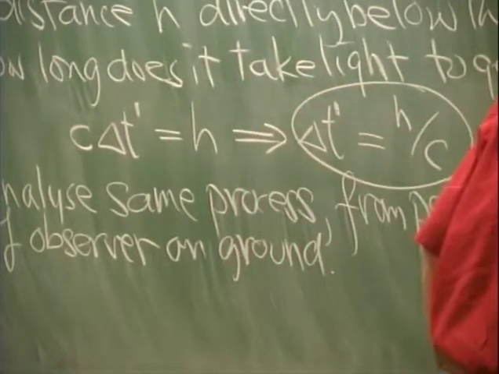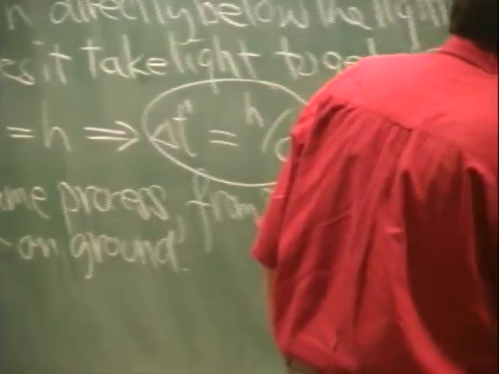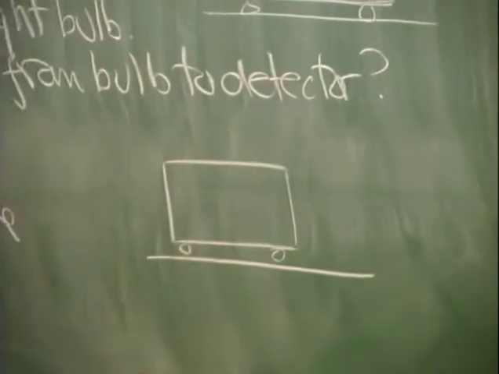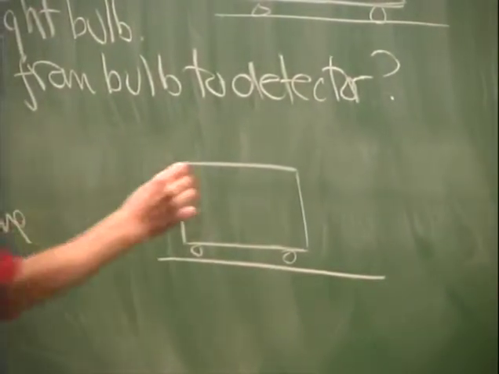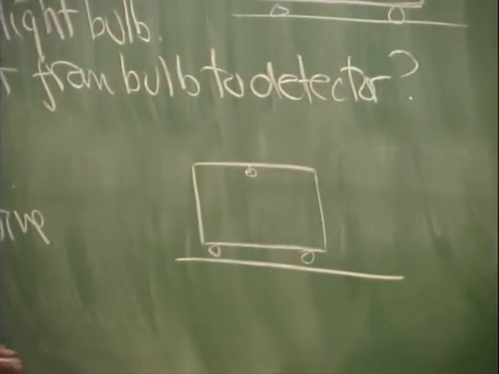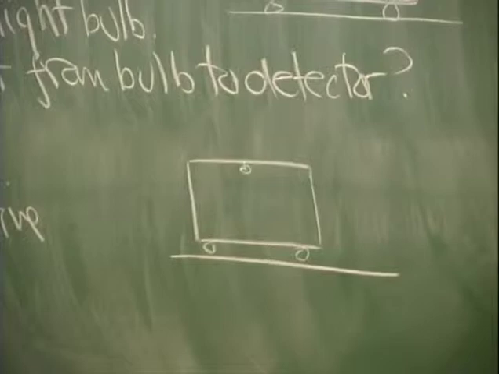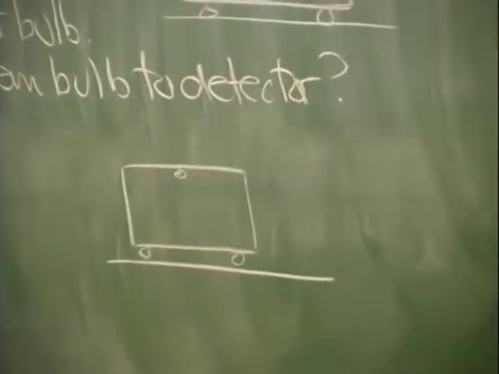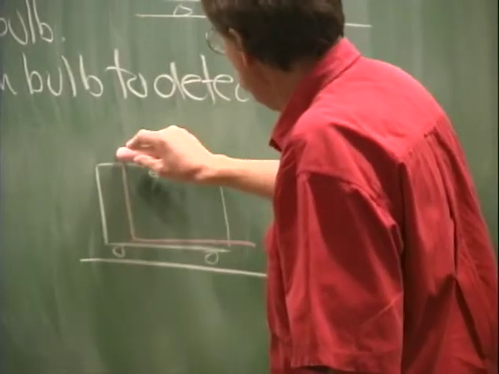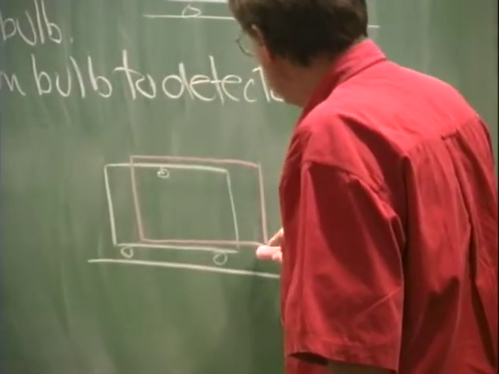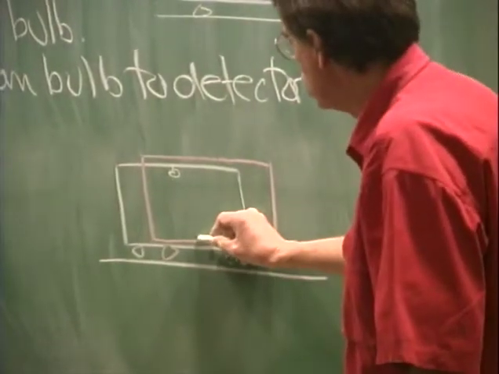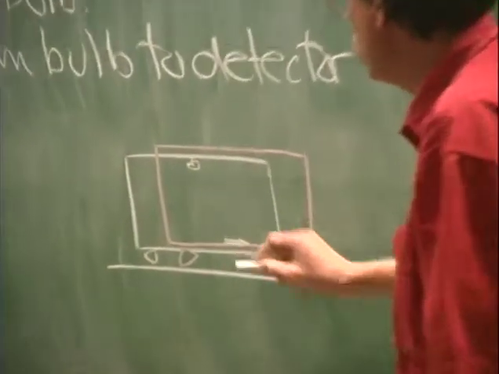Why is the situation different? Well, of course, same reason as before, because the train has meanwhile been moving. Here's the situation when the light leaves the bulb, but while the light is propagating down to the detector, the train itself is moving along to the right. So here's the configuration it's in when the light beam finally hits the detector, which is now over here.